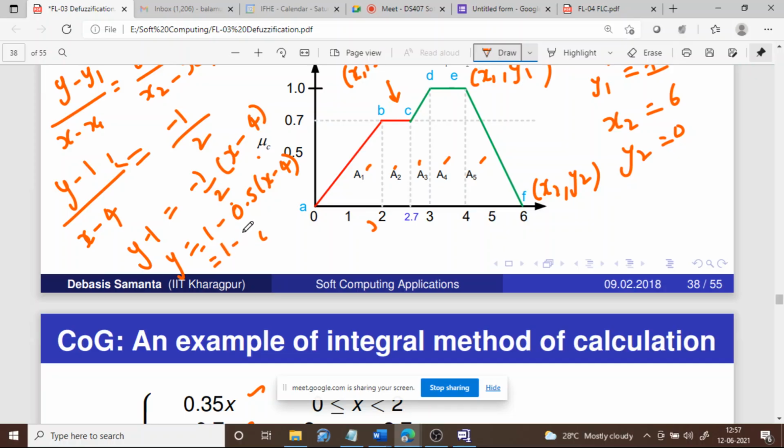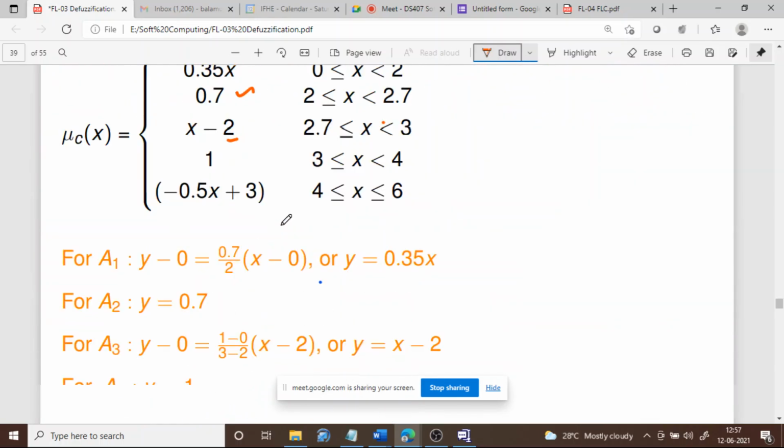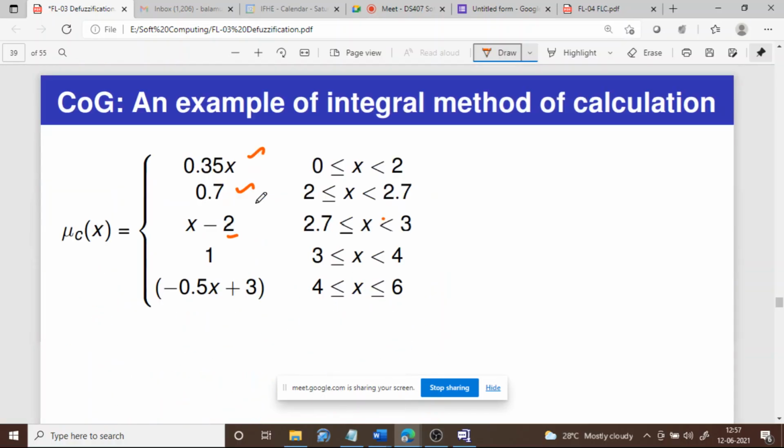So this is 1 minus 0.5 x, minus 0.5 into 4 is nothing but plus 2. So 2 plus 1 is 3. So it is 3 minus 0.5x.